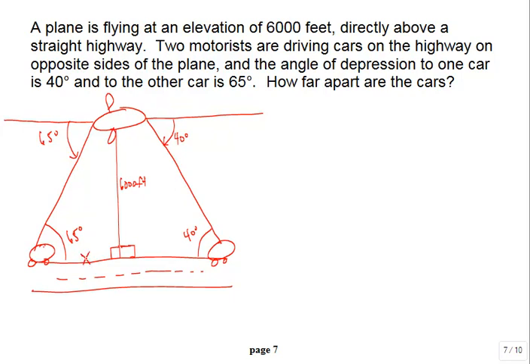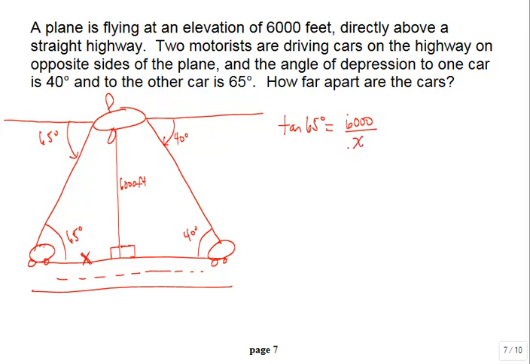So let's call just this adjacent side right here x. And according to my trig ratio, which one do I need to use if I have an opposite and I want an adjacent? Well, we'd need tangent.